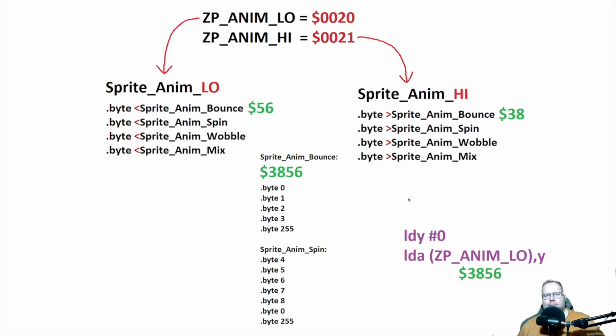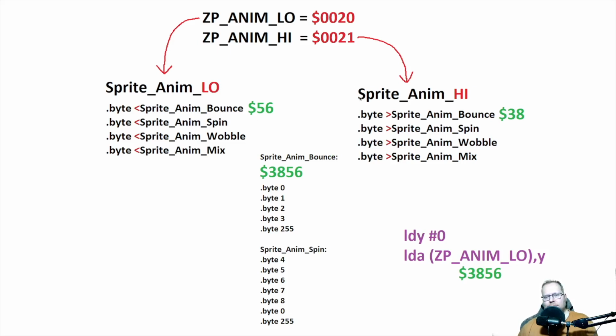So every time I want to switch to another animation type, I need to make sure that these two are updated. So I need to make sure that cp anim low, this first zero page address, is actually loaded with whatever animation type I want.